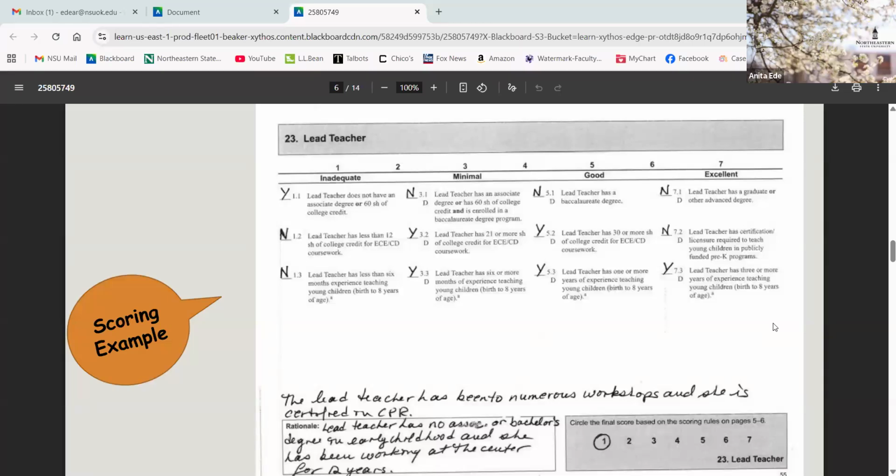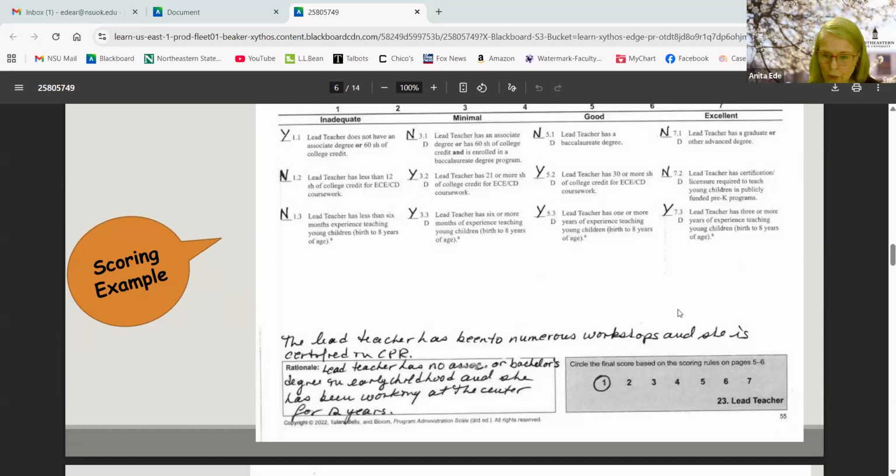But then there are other ones like down here for risk management on page 25. There are some that are all marked O, and they want you to look at what's posted and what they're using in the classroom. That's why they have D's and O's, because they've made it a little bit easier by pointing out which ones you'll just be observing for and which ones they think you're going to have to ask about. Gotcha.